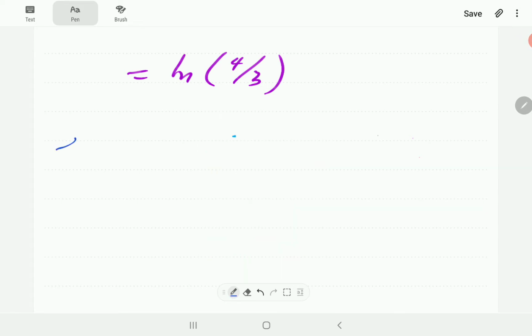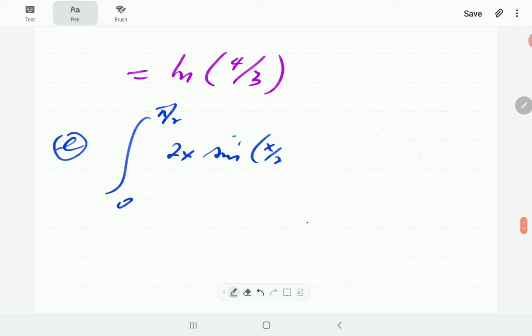In example number E, we have the integral from 0 to pi on 2 of 2x sine of x on 2. Here we have a polynomial times a sine, and if you check through our video on tabular integration, this is a typical example of integrals where we can use tabular integration.